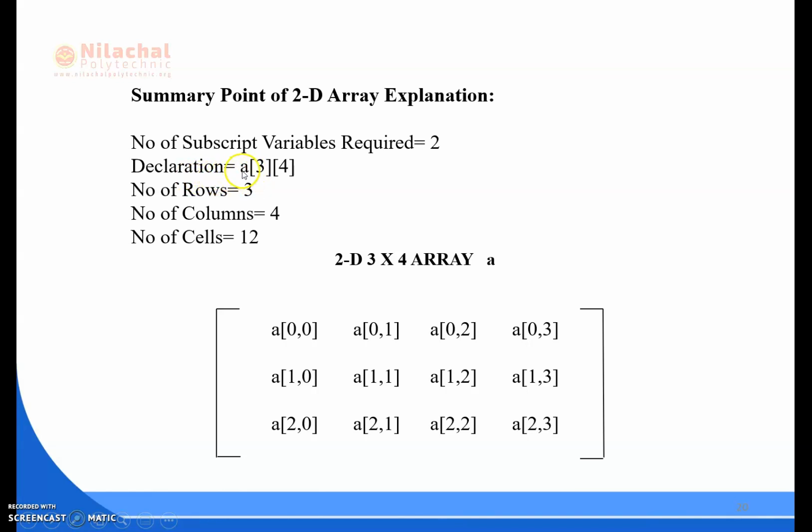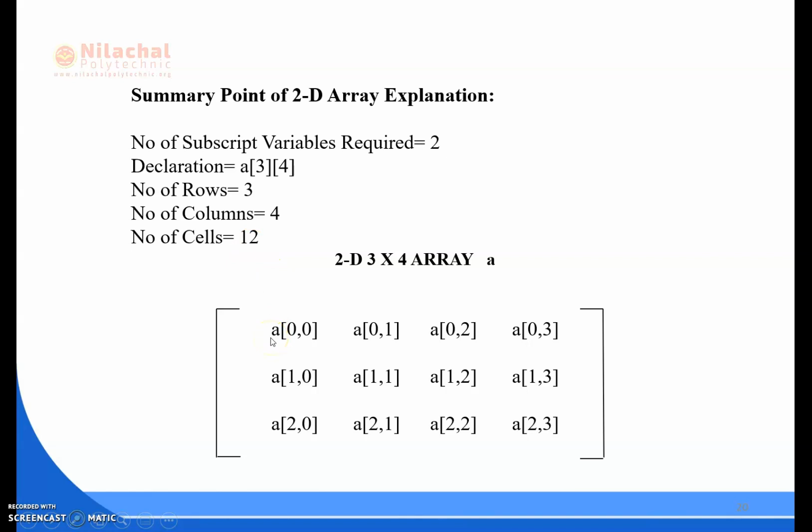The declaration syntax is the name of the array followed by the number of rows and number of columns. Here 3 is the number of rows and 4 is the number of columns, and the total array has m into n cells, that is, 12 cells in this case.